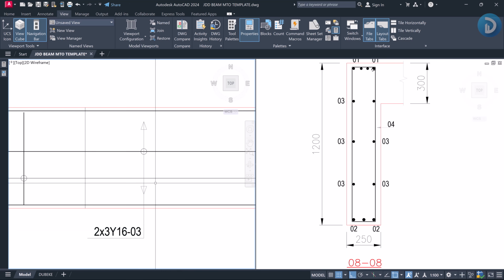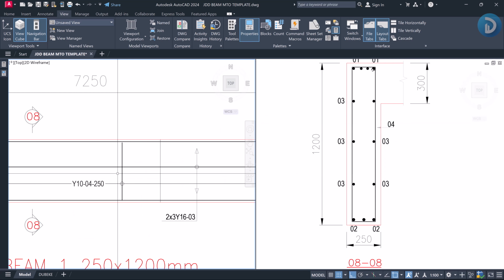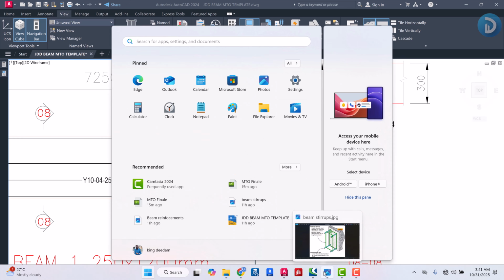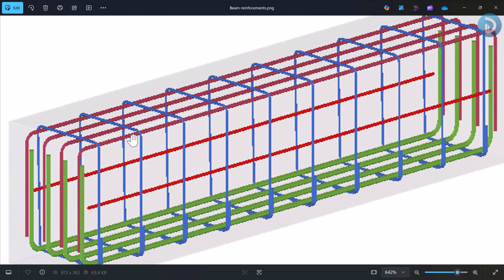So the last reinforcement in this beam, which is our bar mark 04, is our links. This is our links, and let's have a look at what this reinforcement looks like. So if you put this up, this is what our bar mark 01 looks like. As you can see from this picture, we have four numbers.